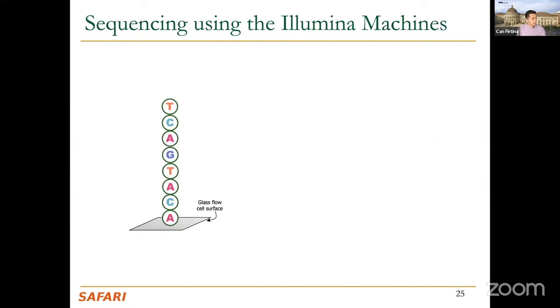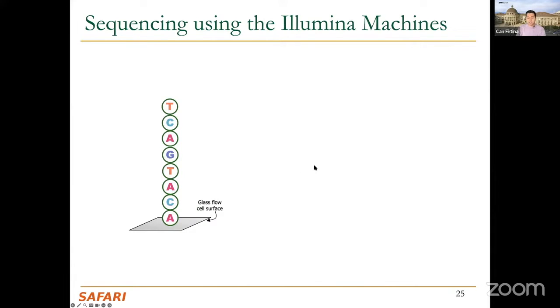Let's take a look at the other sequencing technology, the one used in Illumina machines. Illumina is a company that utilizes a particular sequencing technology known as sequencing by synthesis, or SBS.